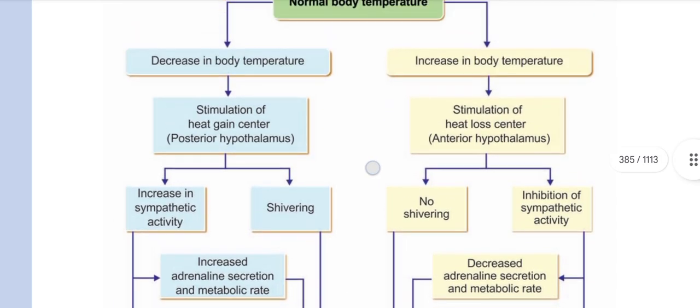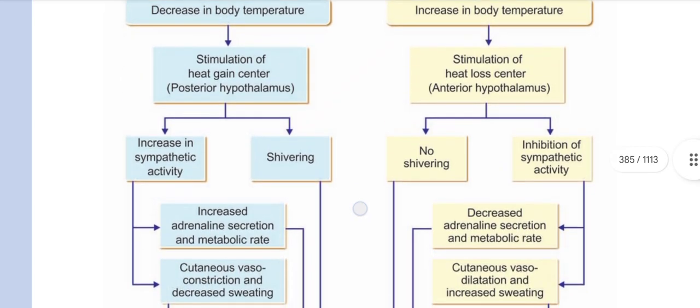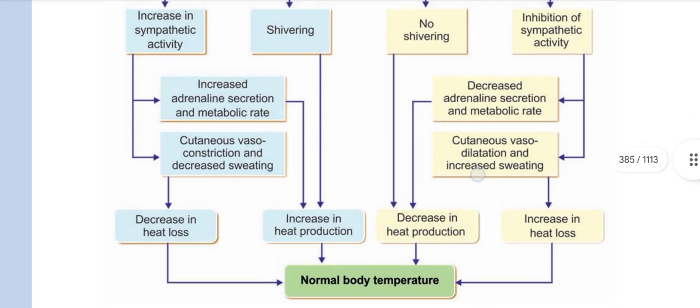Now, we will see the case of increase in body temperature. When the body temperature increases, it will stimulate the heat loss center present in the anterior hypothalamus, which will further cause inhibition of sympathetic activity, and no shivering will occur. Inhibition of sympathetic activity will decrease the adrenal secretion and metabolic rate, and cause cutaneous vasodilation and increased sweating.